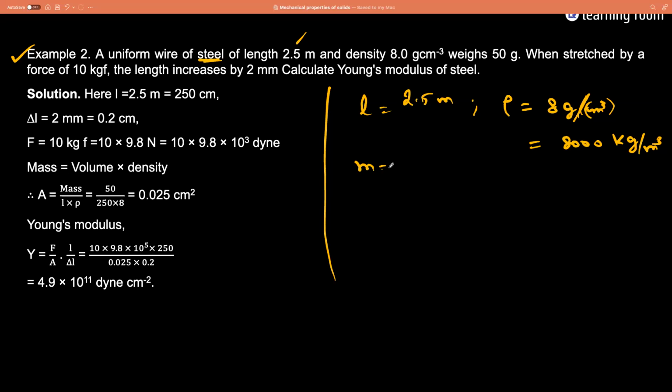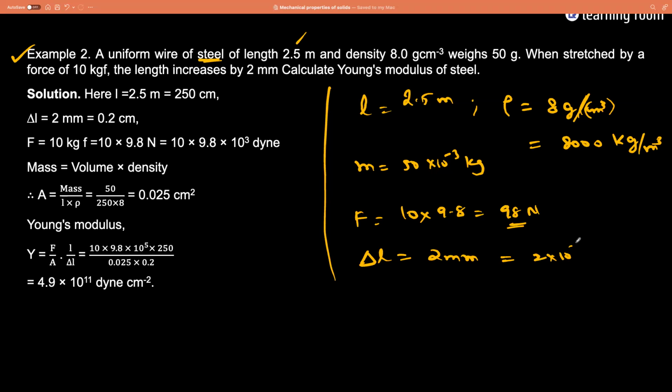And mass is how much? 50 grams, so 50 into 10 power minus 3 kilograms. When stretched by a force of 10 kgf, so kilogram force, what should I do? Multiply 10 with 9.8 to convert it to Newton. The length increases by 2 millimeter. Delta L is 2 millimeter or 2 into 10 power minus 3 meter. Calculate the Young's modulus.